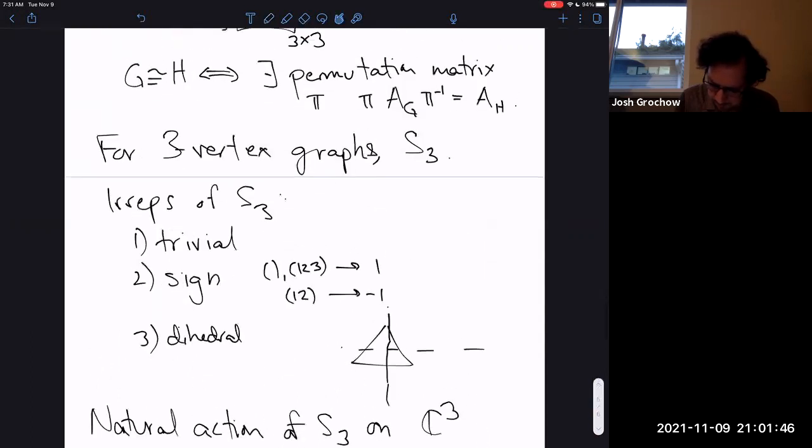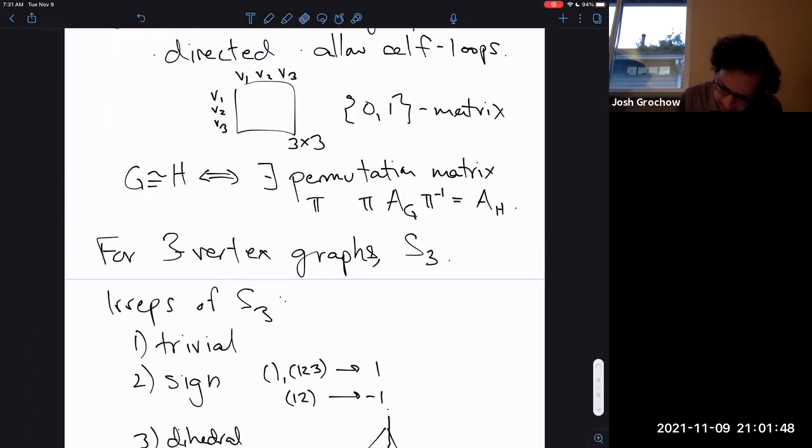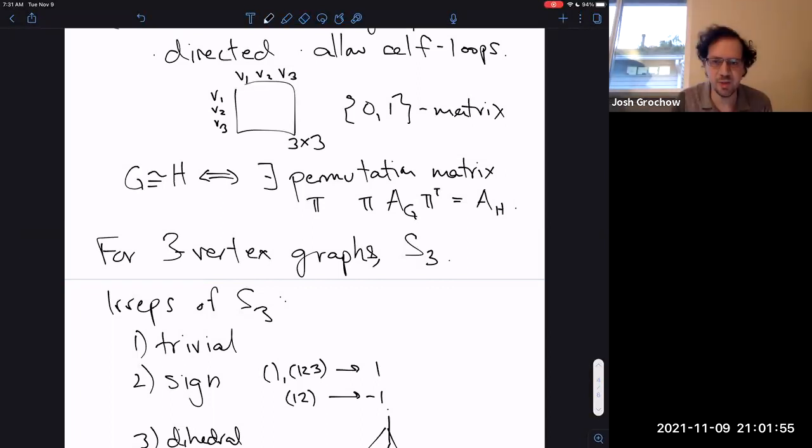Well, what's happening here, instead of inverse, I could also have said transpose, because for permutation matrices, inverse and transpose are the same thing. And transpose really just means we exchange rows for columns, but otherwise it looks the same.